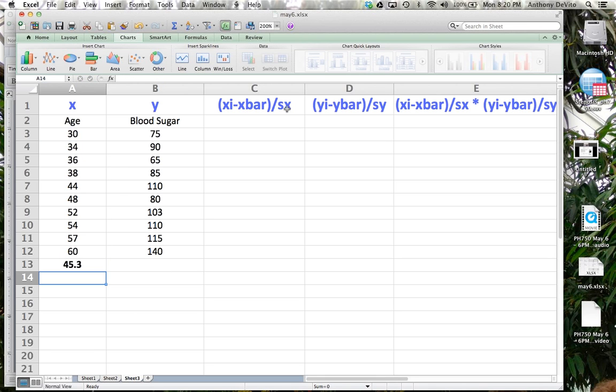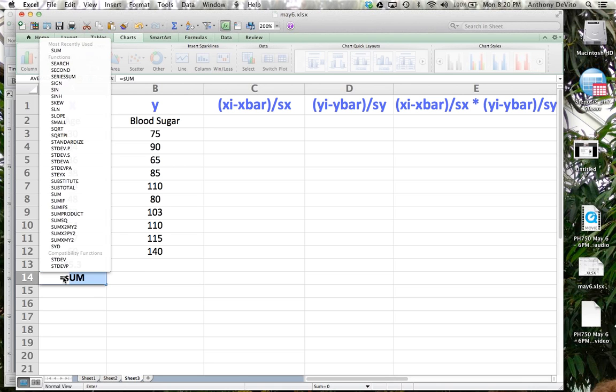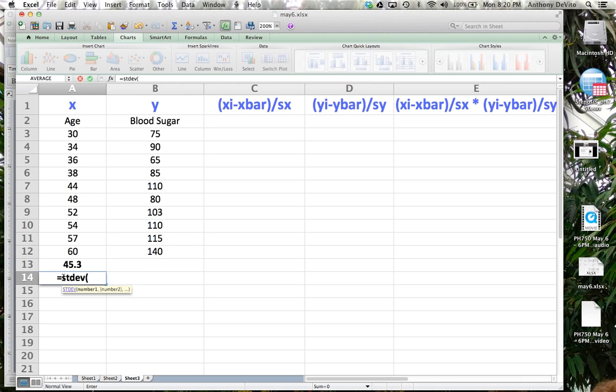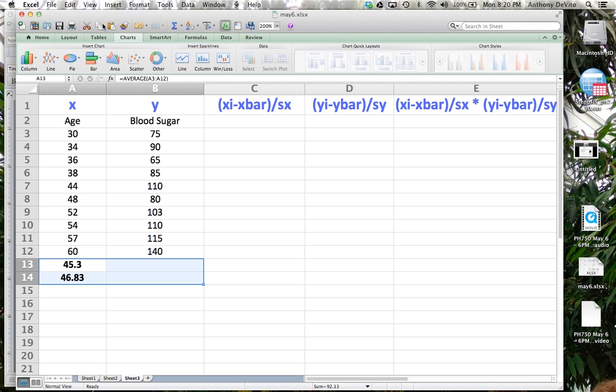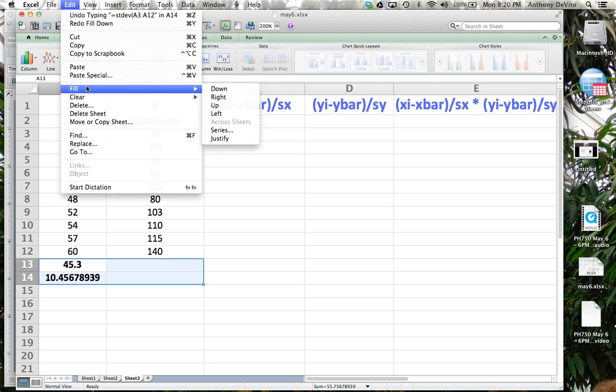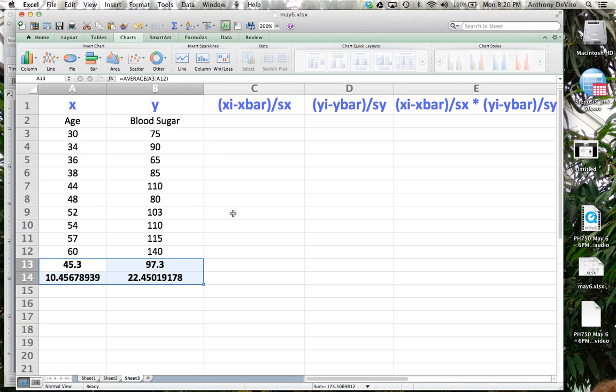And I'm going to need my standard deviation for my X values as well. Good. Okay, and I'm going to need the same thing for my Y values. I'm going to just copy it across so I don't have to put those formulas in again. Whoops, I did that wrong. Fill right. There we go.